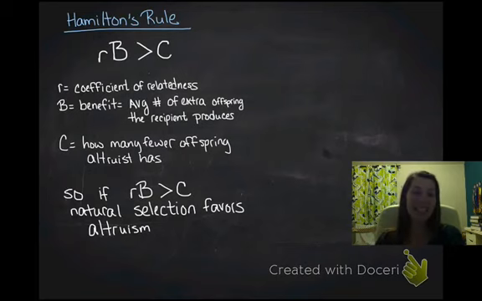If it's less than C, then it's unlikely that that gene is going to survive, and so that altruistic behavior won't be seen in future generations.